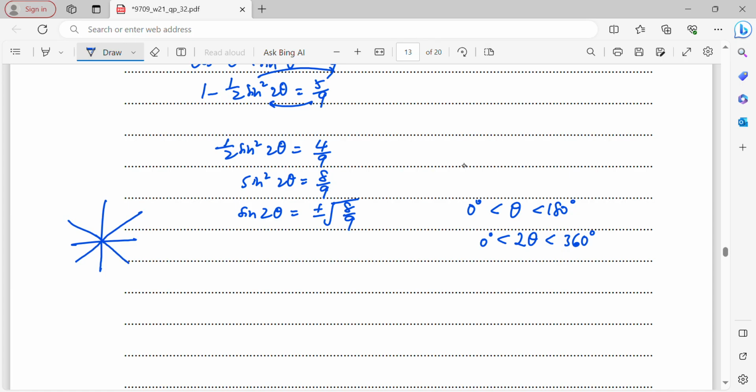Okay, so my 2 theta, the basic angle of square root 8 over 9 is going to be 70.53 degrees. So here will be the same, 70.53 degrees. Same goes to all this.